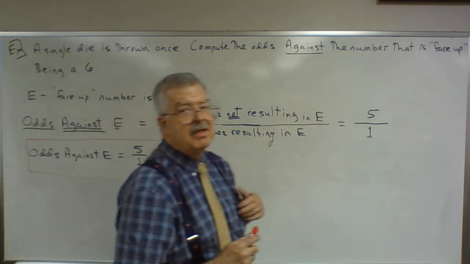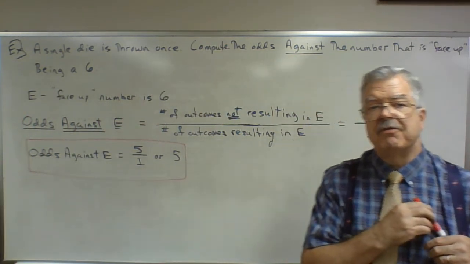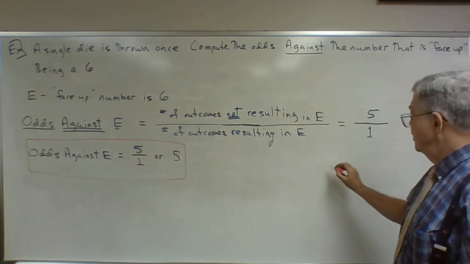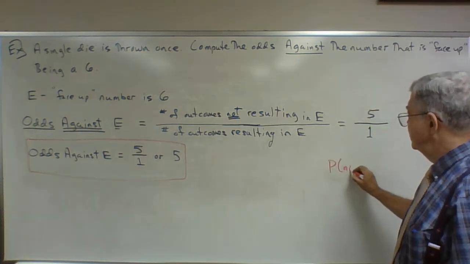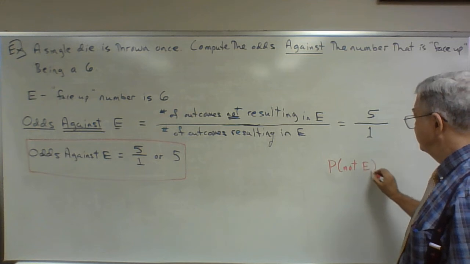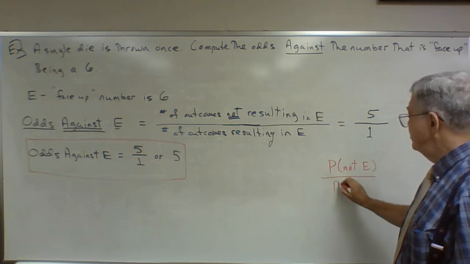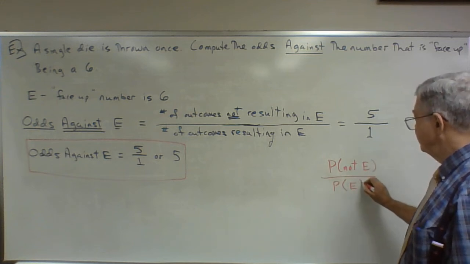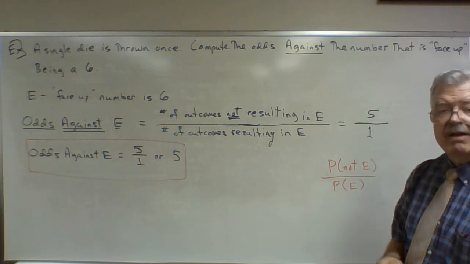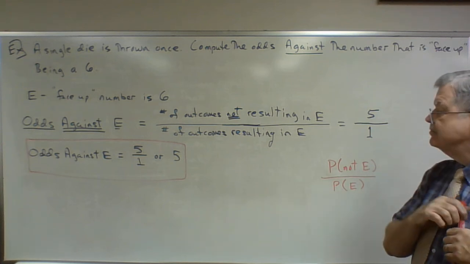Now note that we could have used our other formula here. We could have used probability of not E over probability of E, and we would have gotten exactly the same thing.